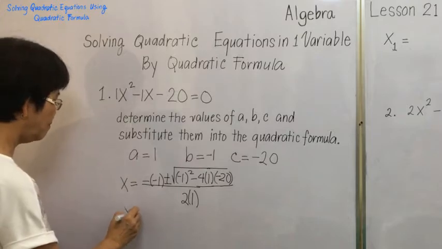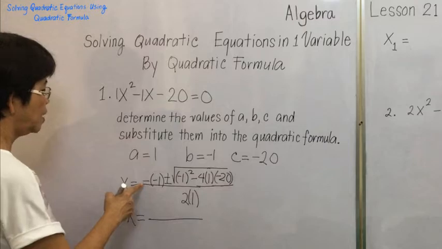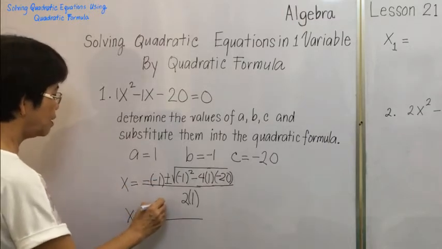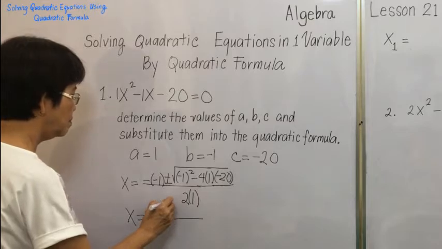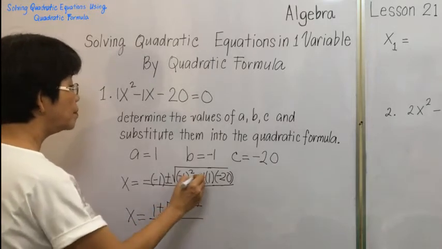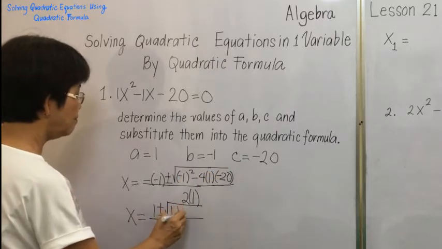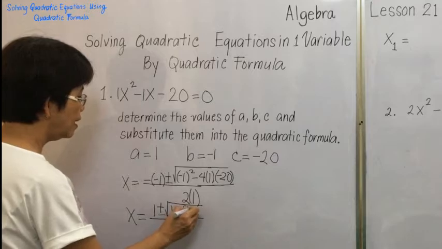Simplifying, we have x equals negative times negative, positive 1, plus or minus the square root of 1. Negative times negative is positive. Then we have 4 times 20 is 80.